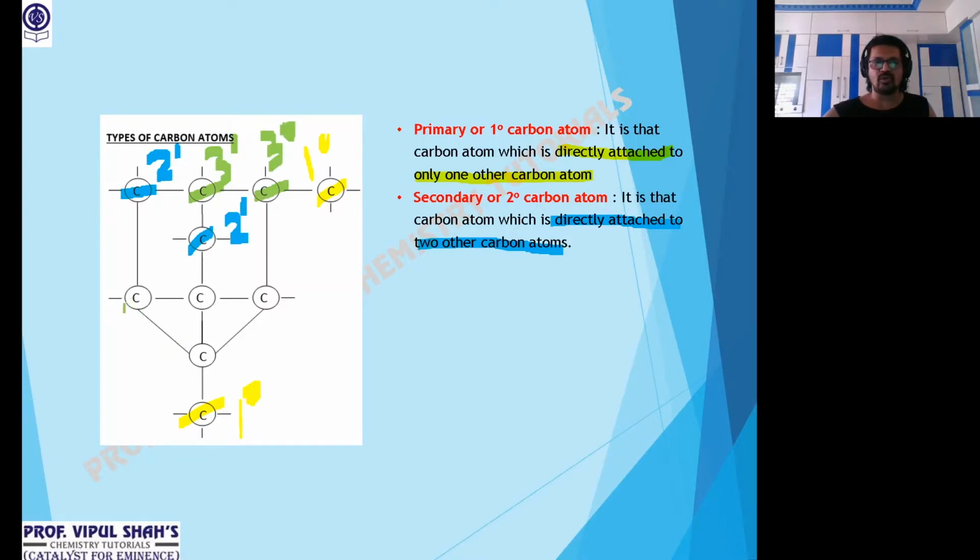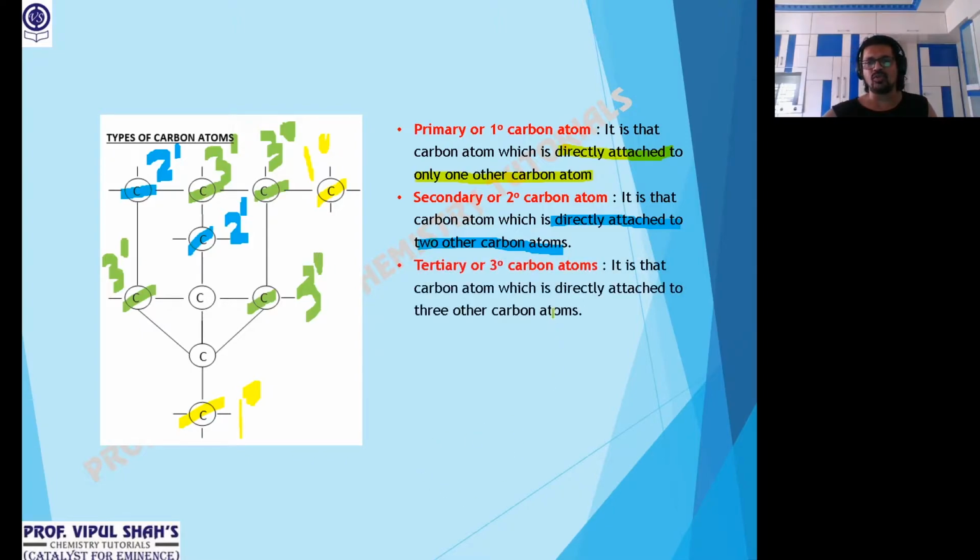This carbon, one, two, and one, is also 3 degree. And this one, one up, left down, one down, is also 3 degree carbon. So tertiary or 3 degree carbon is a carbon atom directly attached to only three other carbon atoms.